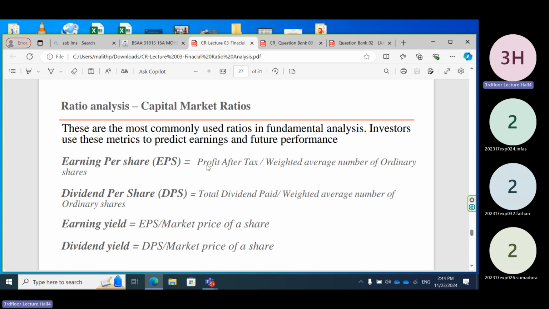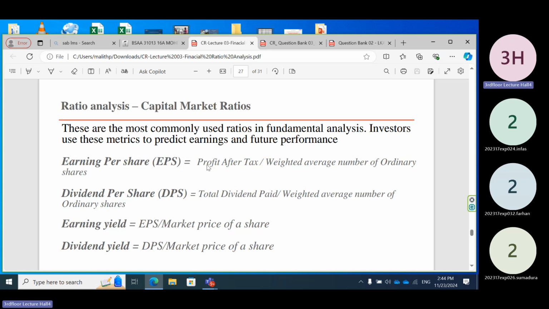Earning yield means EPS divided by market share price. Let's say your share price is 100 and your earning per share is 20. Your yield is 20%.